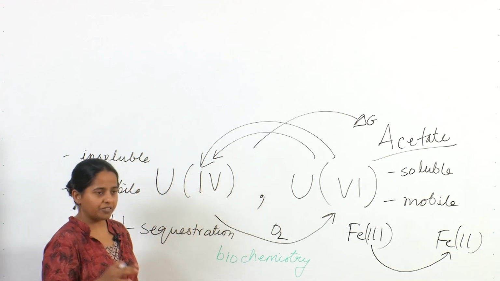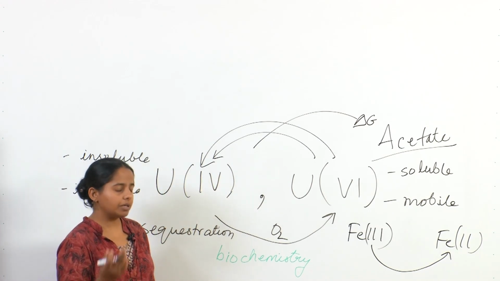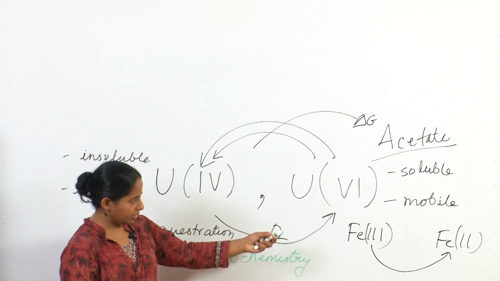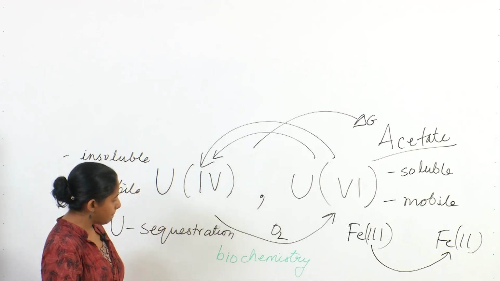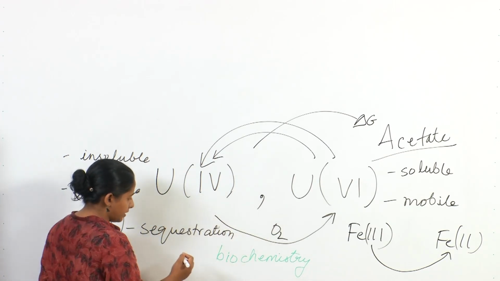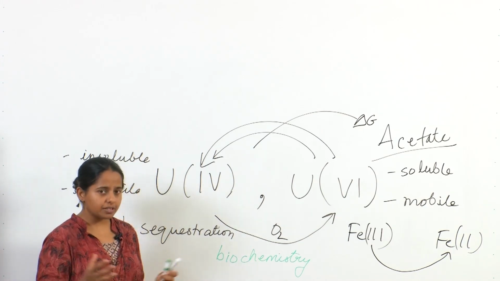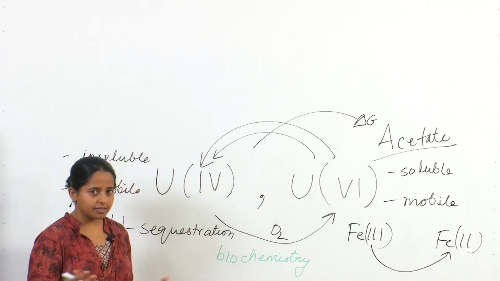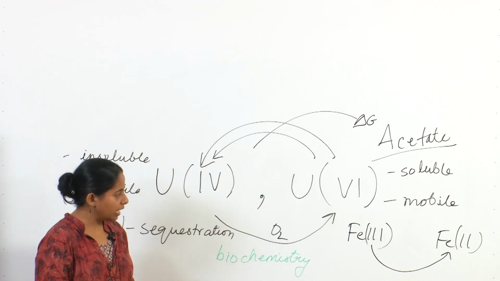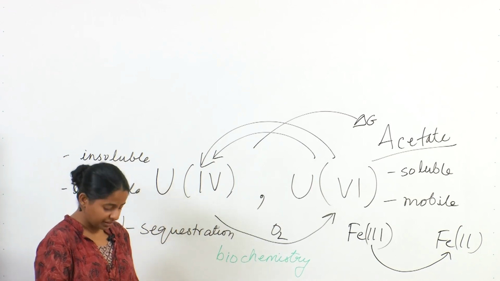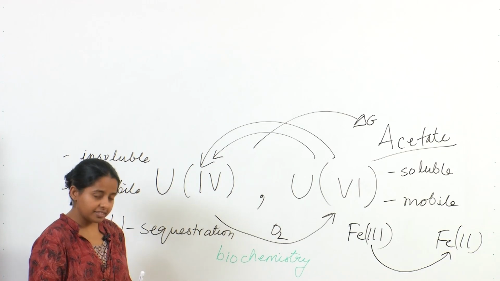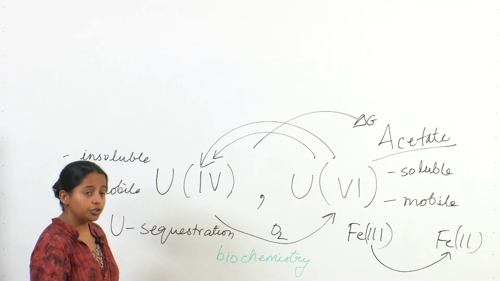So for example, will they make framboidal pyrite, or will they make some other kind of pyrite once iron has been reduced? That is why this field, where we look at how microbes are interacting with the chemicals in the ground, and how they are affecting the structure of the earth, is an entire field in itself, and it's called biogeochemistry.